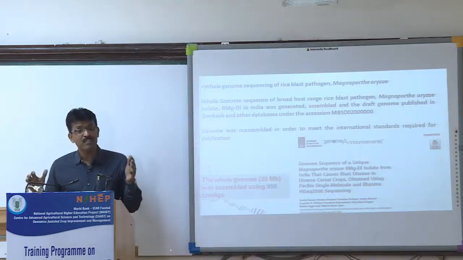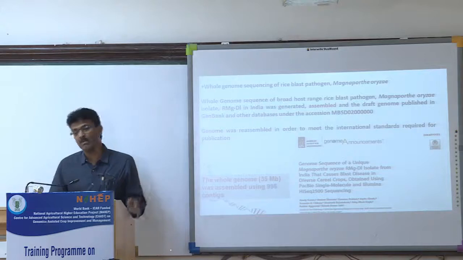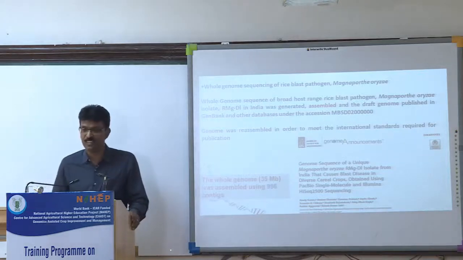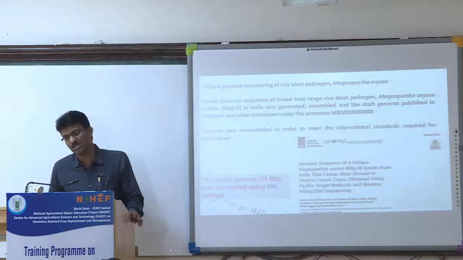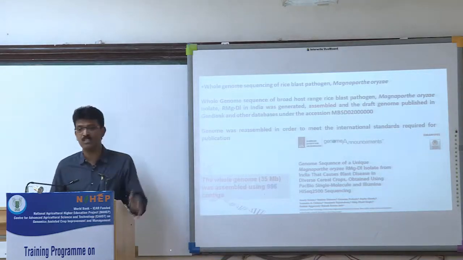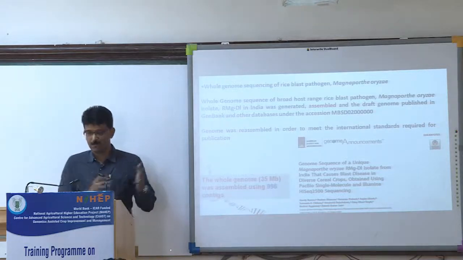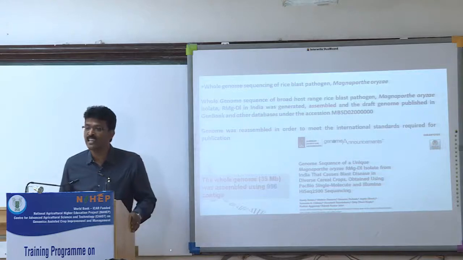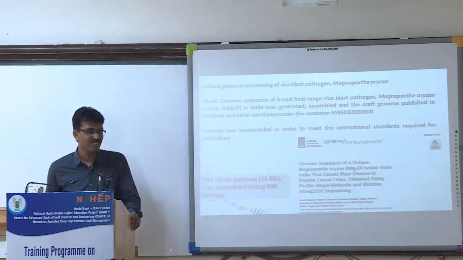And we assembled the reads with the best possible algorithms we had at the time into 996 contigs. In simple language, the 35 MB genome is represented in 996 contigs. Is it clear to all of you?